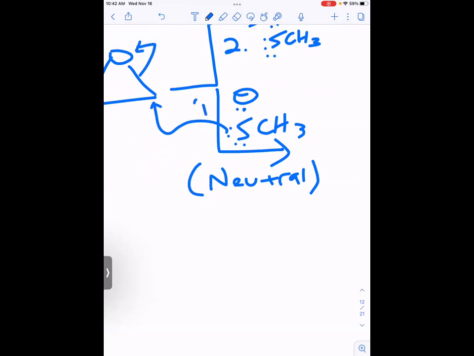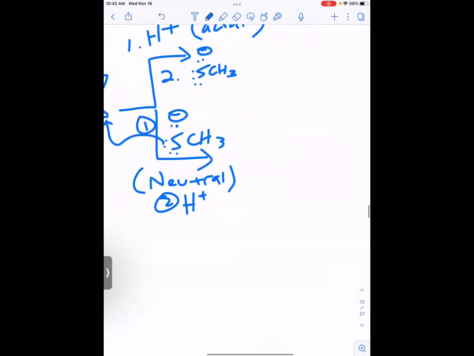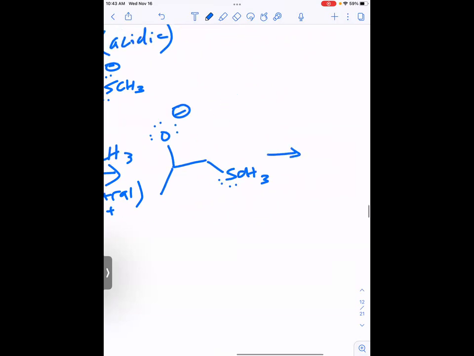So this is, let me just say that too. That's one. And then two, I'm gonna have to add some H plus. Because when you open an epoxide, generally what you're doing is making an alcohol. So after you pop it open, you're going to get this. And then the SCH3 is here. And then eventually you'll just treat it with an acid to do proton transfer.